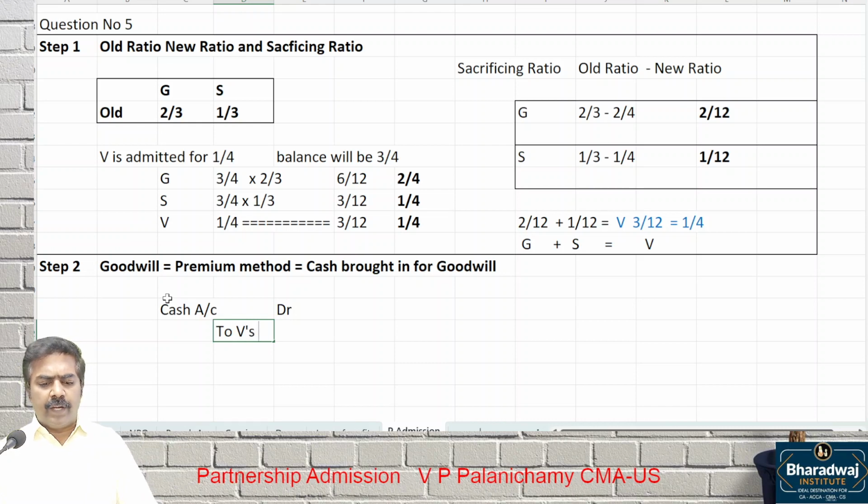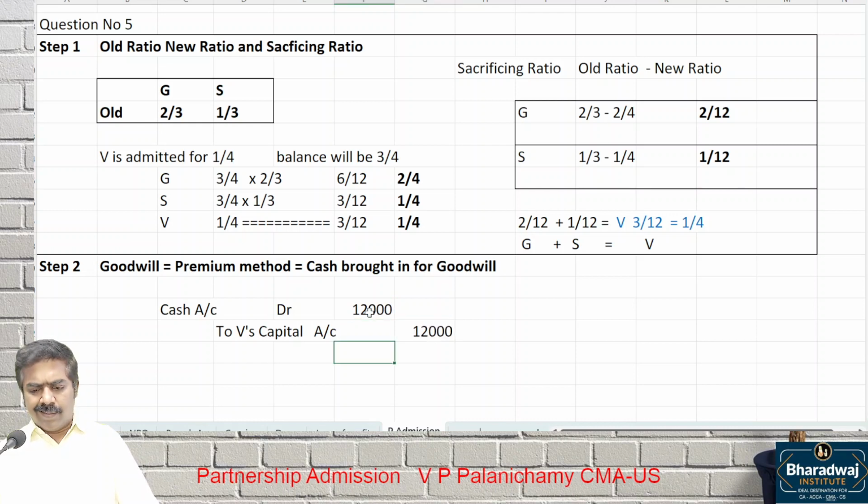Do it along with me, no need to wait. This is the fourth or fifth question we are doing for goodwill adjustment. Cash account debit to B's capital account. How much is brought in? 12,000. Then transfer this.